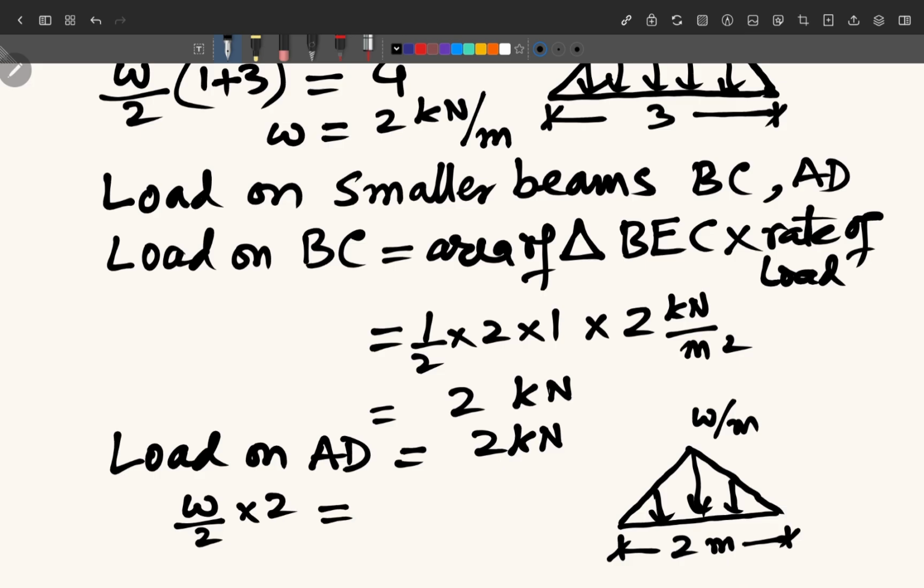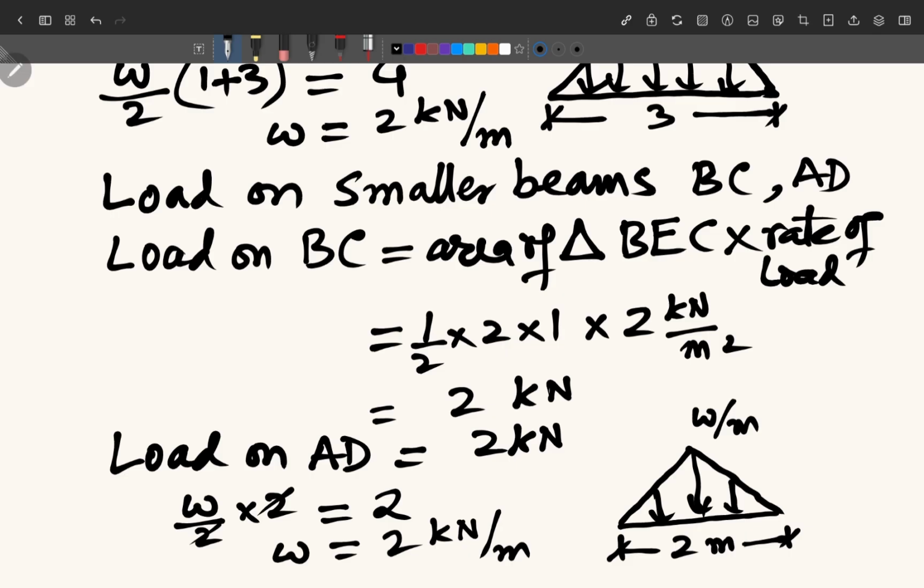That will be equal to the total load, and that total load is equal to 2. Therefore W is equal to 2 kilonewton per meter, the rate of loading on the beams which are connected with the triangular load. That means the shorter beams will also have the maximum intensity of the triangle, 2 kilonewton per meter.